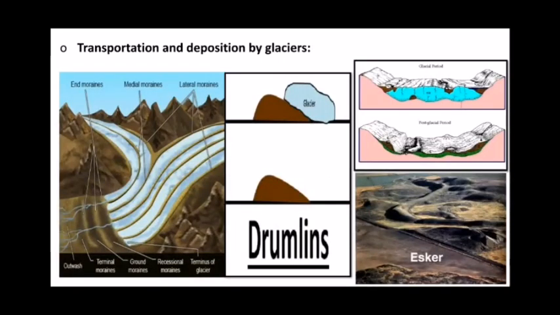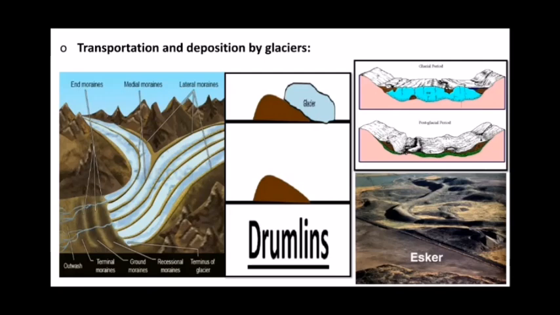Now we will see the transportation and deposition by glaciers. So the glaciers carry sediments with them as they move down. These sediments, children, I told you all earlier also, all the mud, the soil, pebbles, the rock particles.